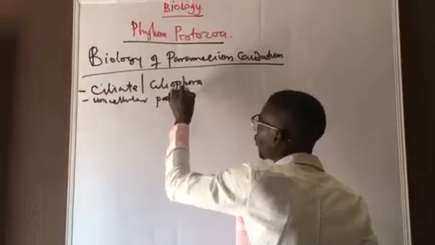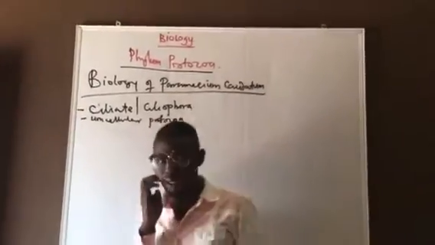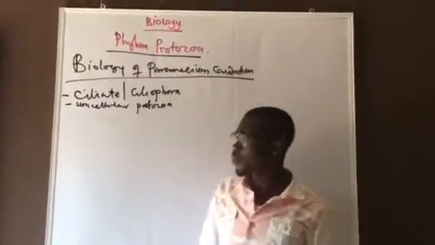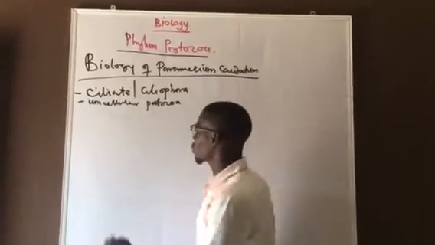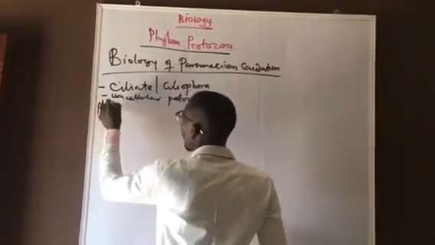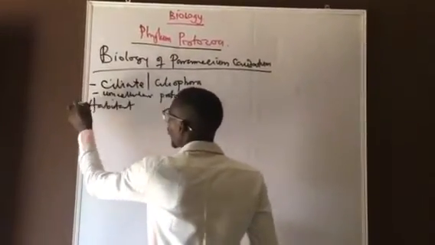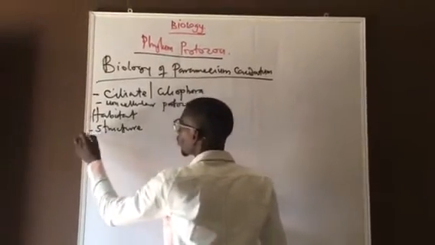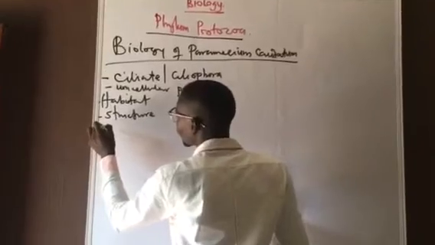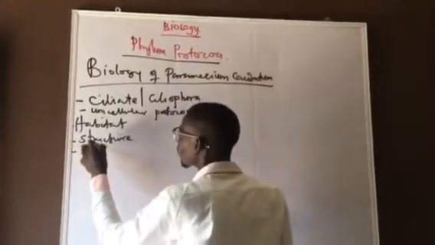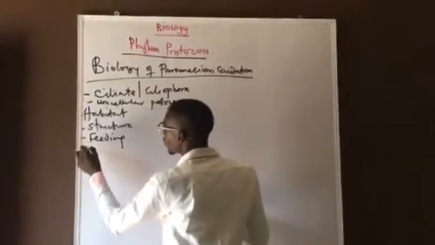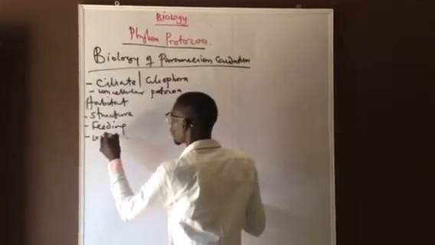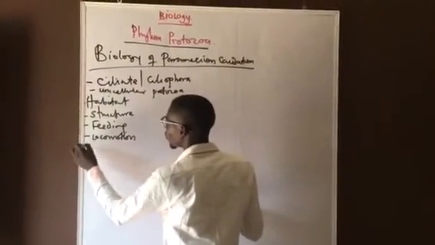We have talked about the characteristics of ciliates earlier. So now we want to talk about the biology of paramecium. We are going to consider the habitat: where can we find paramecium? We are going to talk about the structure, feeding in paramecium, locomotion, how the paramecium moves.